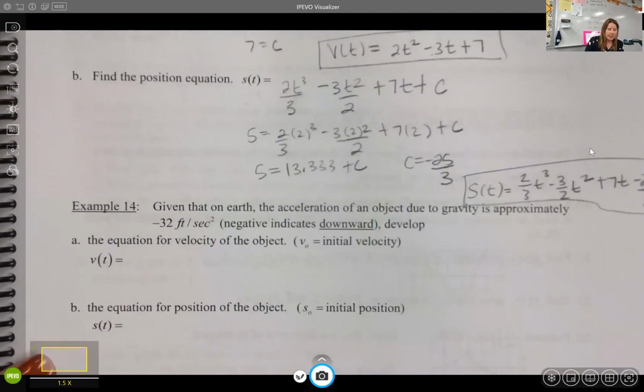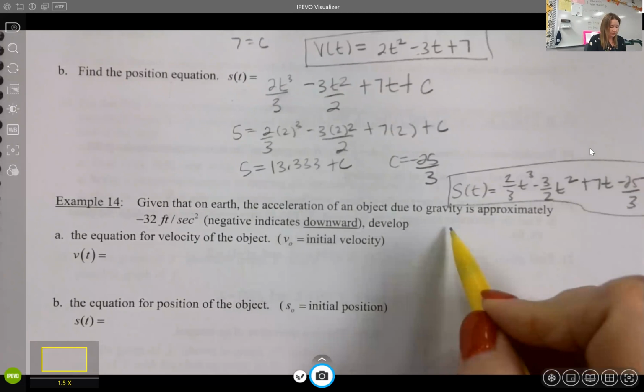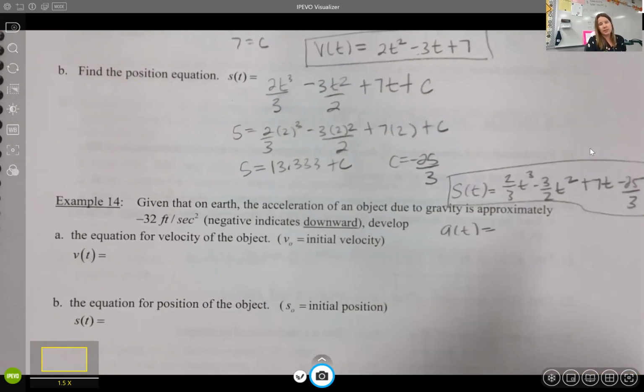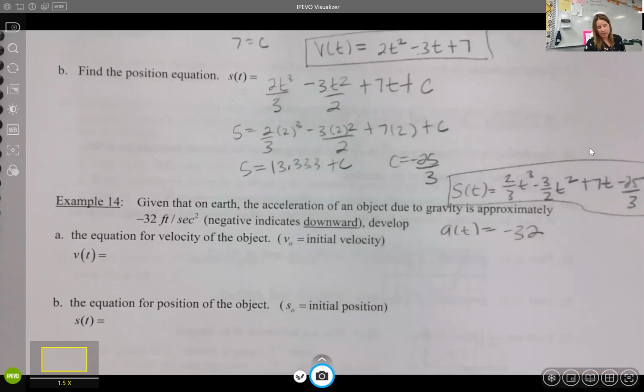Now this next example, if you have taken physics or you're in physics, you're going to love this. You're not even going to believe this. Okay, so get ready for some excitement, you guys. So we know that acceleration of an object that's falling due to gravity is negative 32 feet per second squared. Okay, so negative 32 is acceleration.